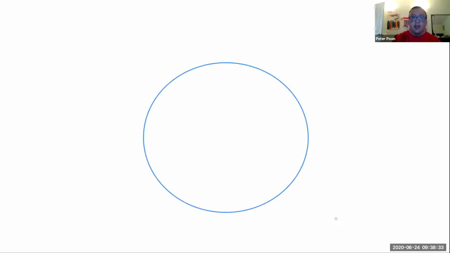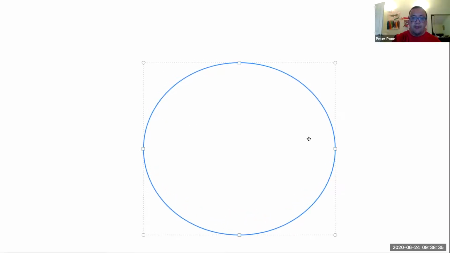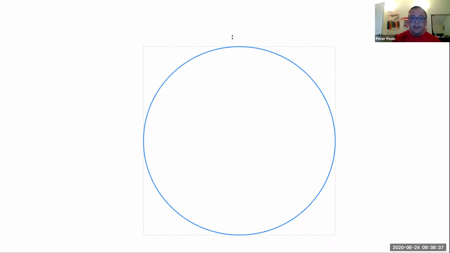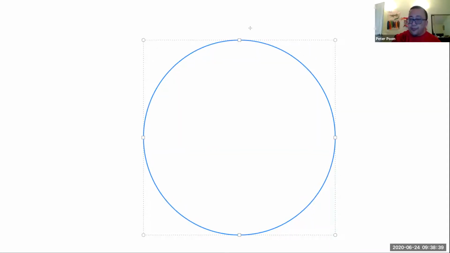Okay, so here is my really big circle. This is a cell cycle. One cell goes in, 2 cells come out. Now we'll draw something else.